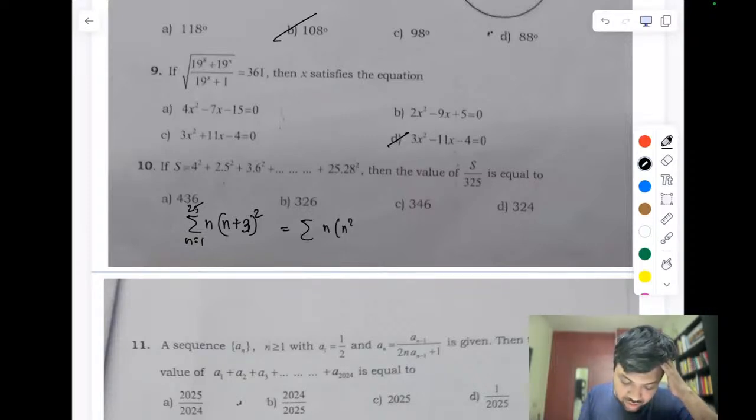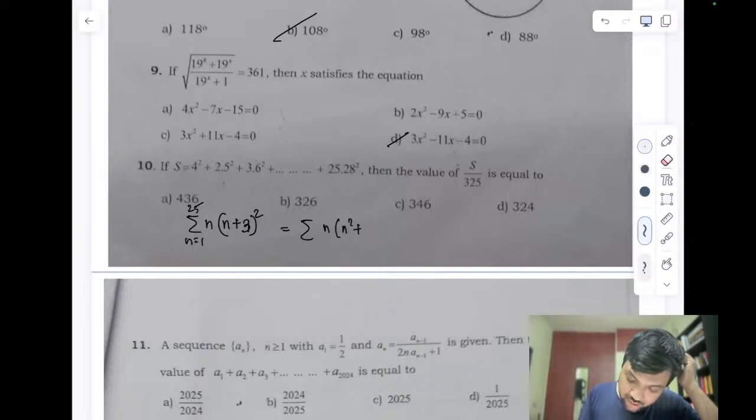You have to sum this. Everything is up to cubes. Expanding, it's n cube plus 6n square plus 9n.